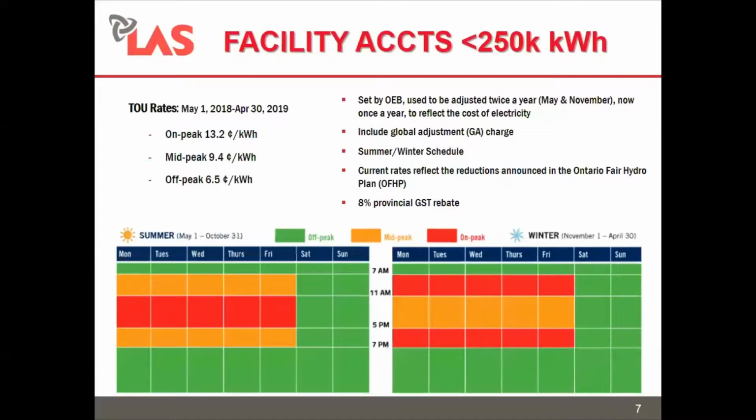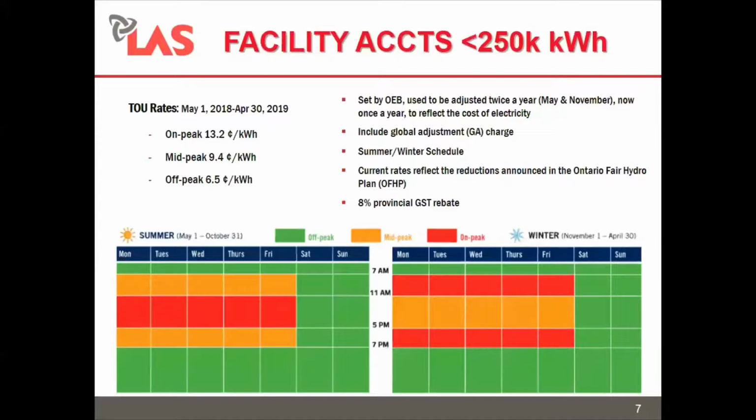That's from the Ontario government. Also, there was another 17%. If you remember, the government announced a total 25% reduction from this Fair Hydro Plan. So it's also another 17% deduction from the TOU rate that should actually be charged to this group of customers.